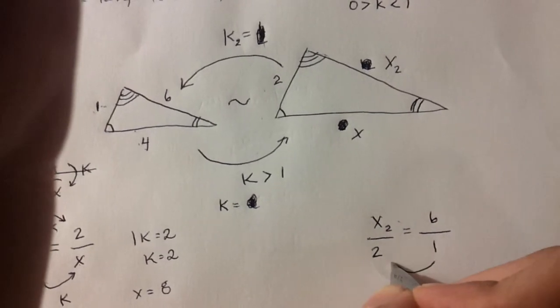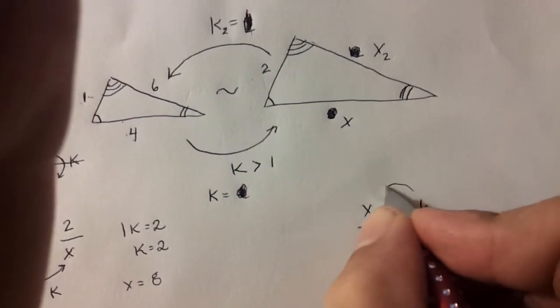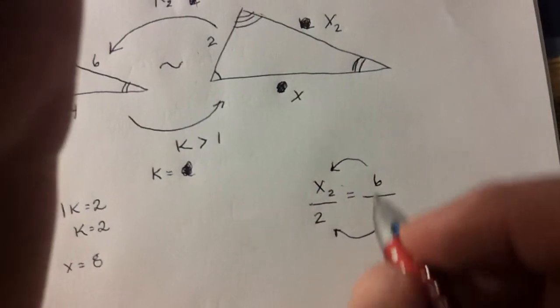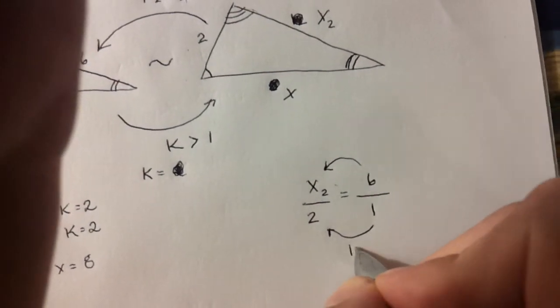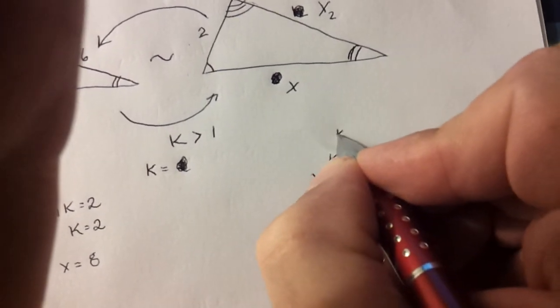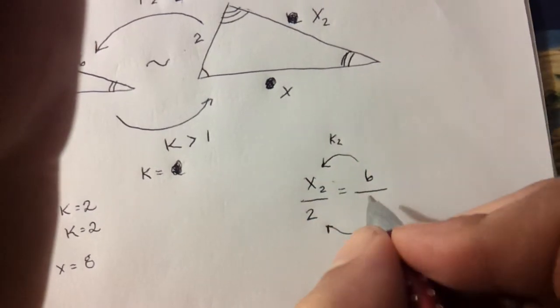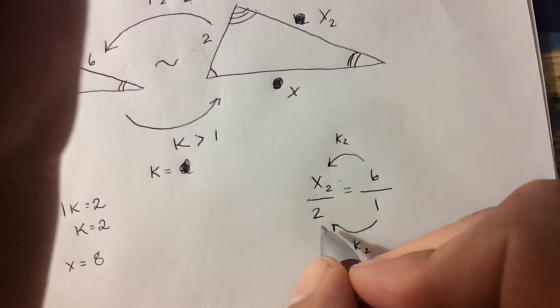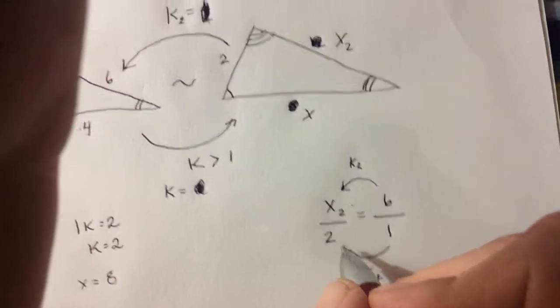And this time we're going in this direction. So down here I need to find K2. So 1 times something is 2, is that right?